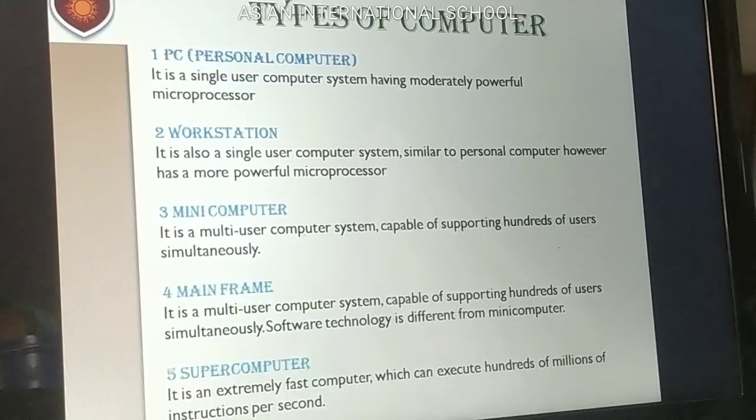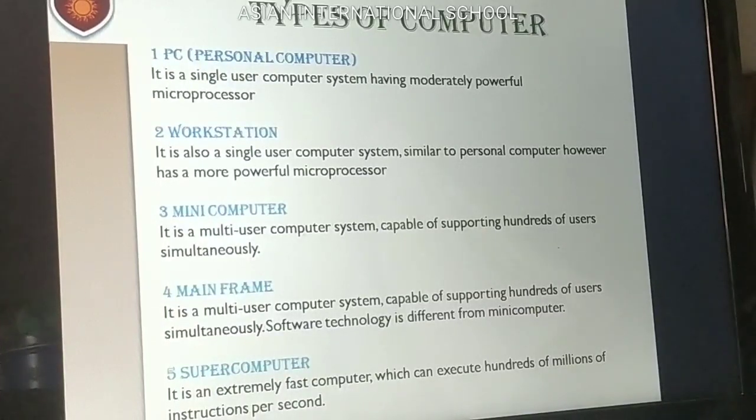Then comes the minicomputer. It is a multi-user computer system capable of supporting hundreds of users simultaneously. We know PCs and workstations are single-user, but the minicomputer is a multi-user computer system. The mainframe is also a multi-user computer system capable of supporting hundreds of users simultaneously.